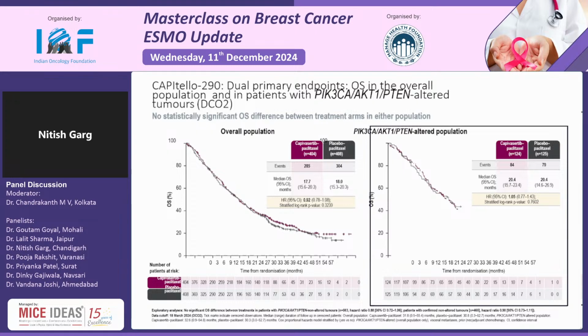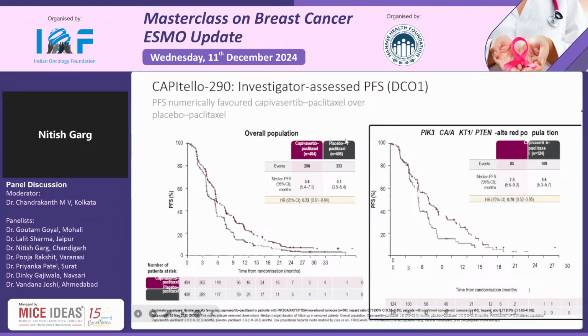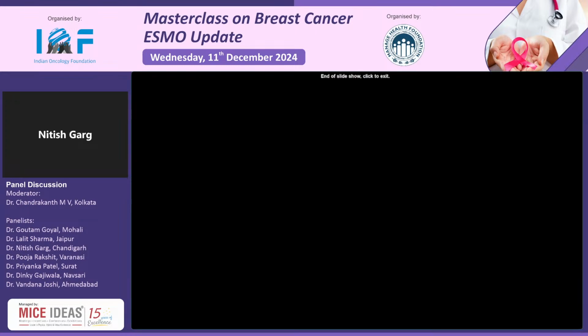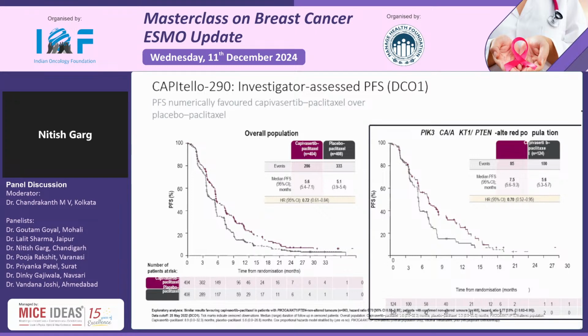I think so. It just tells us, as a prognostic marker, that it is a poor prognostic indicator. Right. So using alpelisib or capecitabine, I feel it is not going to help us much.